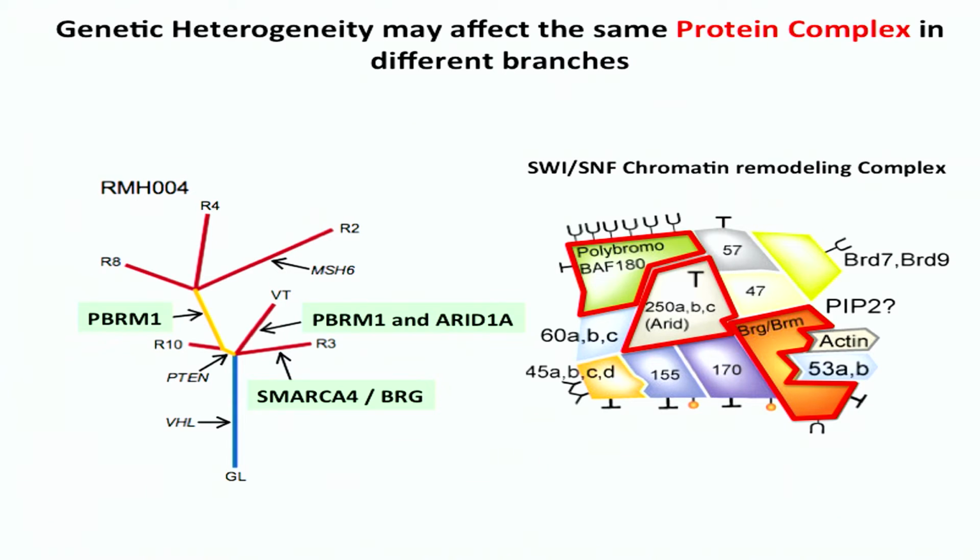I think there are about 6 or 7 different protein components that form that complex. You can mutate each different protein in many different ways to essentially converge on the same end, namely disruption of that complex. That's shown here. In different regions of the tumour, you have mutations in PBRM1 or ARID1A or SMARCA4-BRG, essentially different ways of disrupting the same complex to get to the same end.